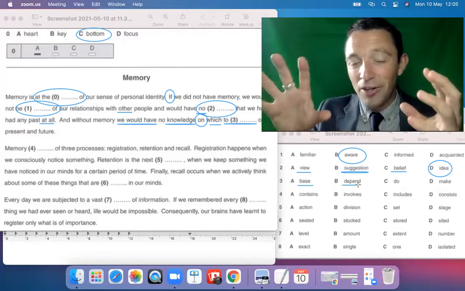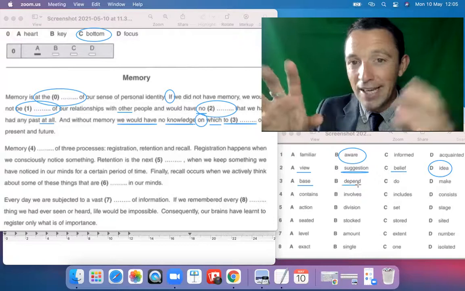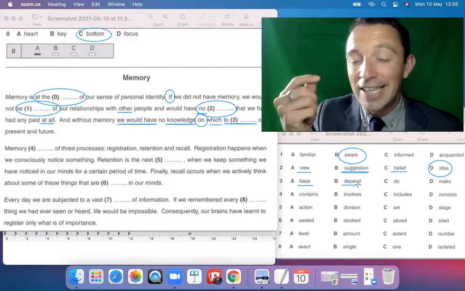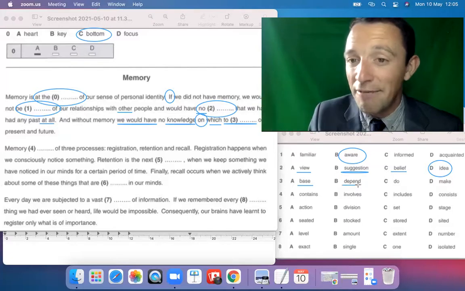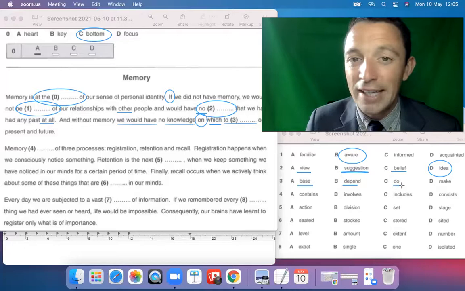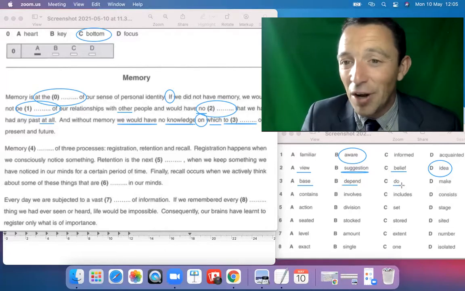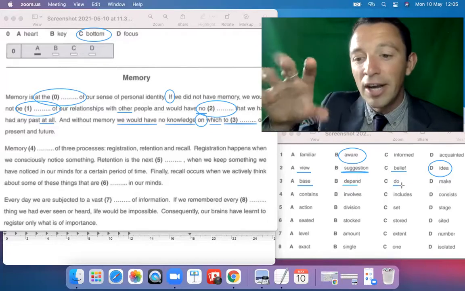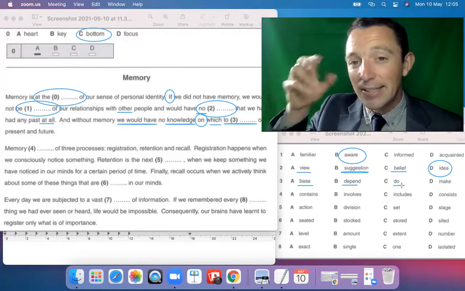I depend on you. You depend on the internet. We depend on the weather. So depend on is very, very important. So it's definitely a possibility here. Do is not really typical with on, and make is not really typical with on. So there's two possibilities: base your story on and depend on somebody.